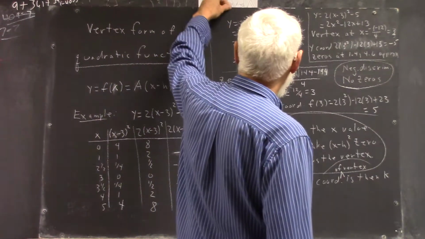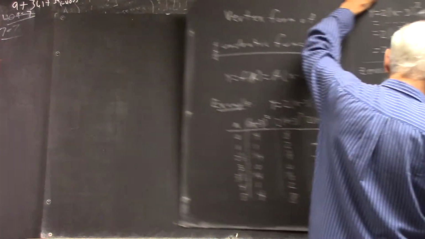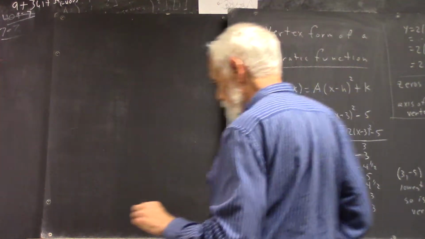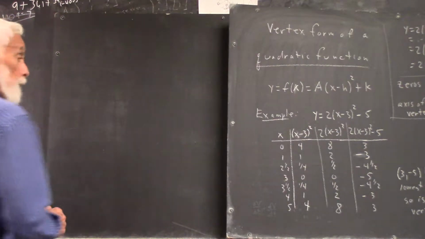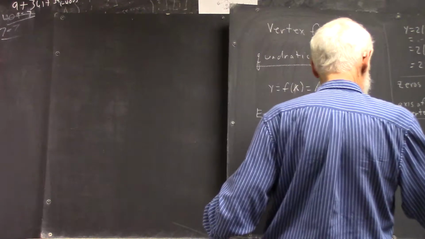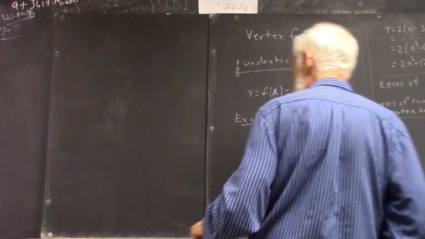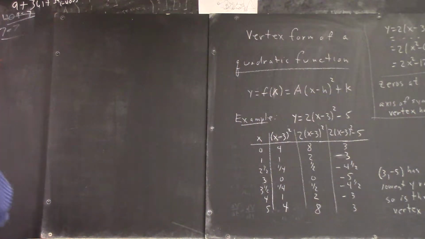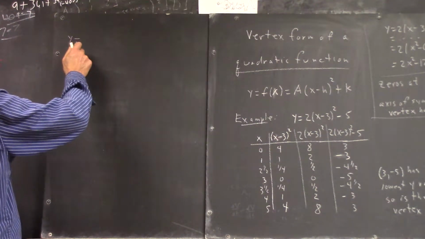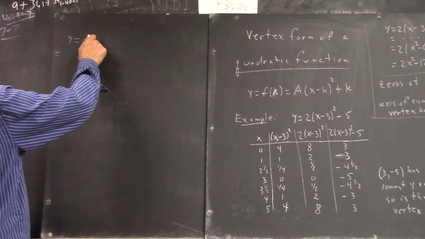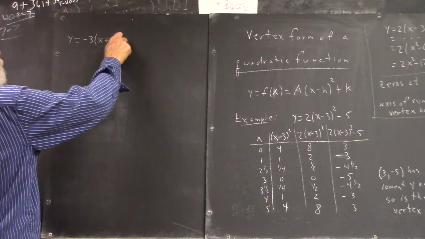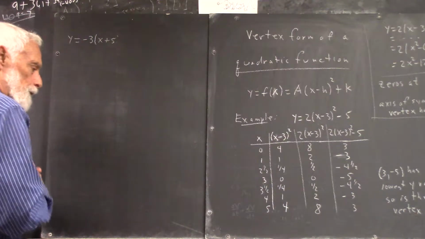Okay? So what we're doing now with the problems that I assigned, let's just work another one through. I'm going to work it through quickly because we've seen the details. We don't want to take a long time. So if we've got, let's say, y equals negative 3 times x plus 5. We're going to start with vertex 1.